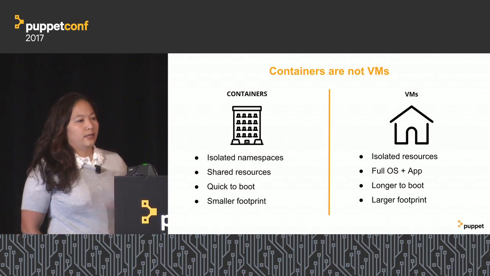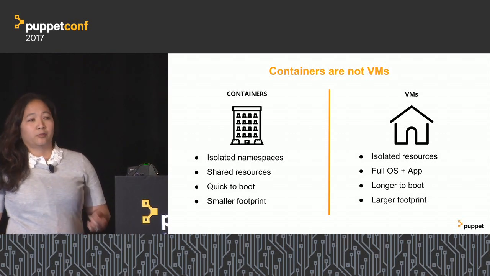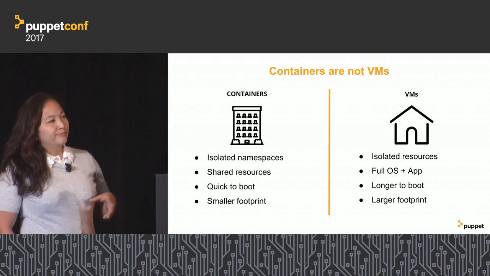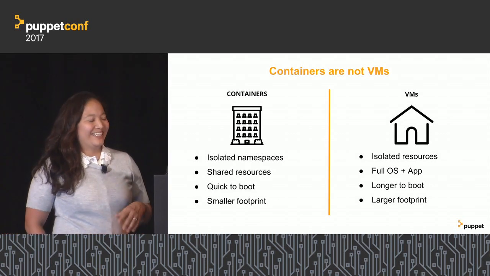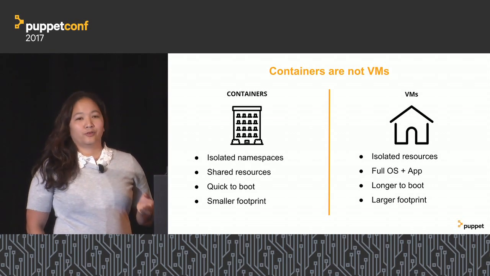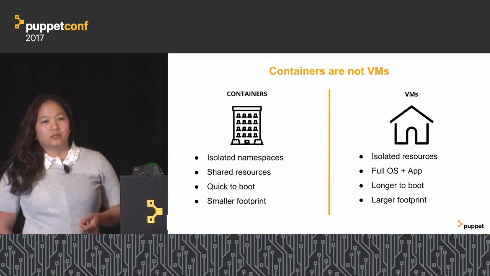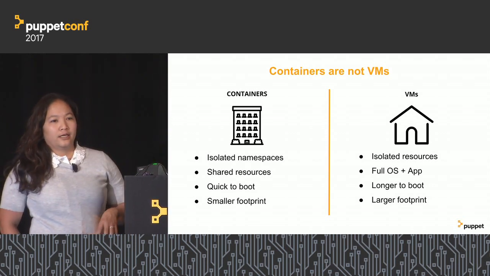So we'll start with the fact that containers, and we'll use a bit of an analogy here, are like apartments, right? They're small places where you'd live. It is not essentially the footprint of a home. They share resources, like plumbing and electrical for that apartment.